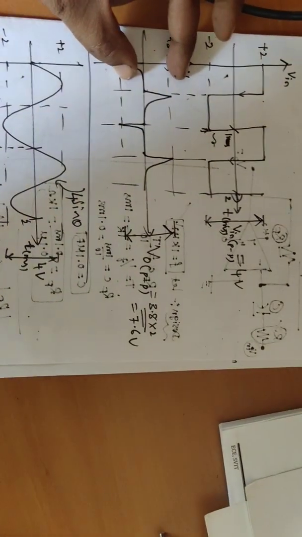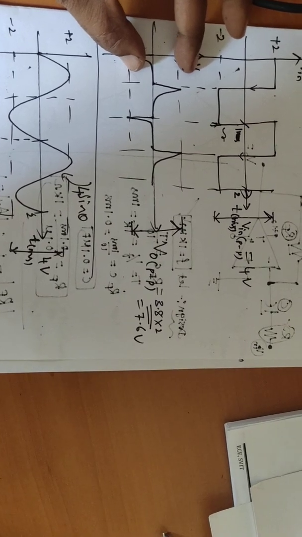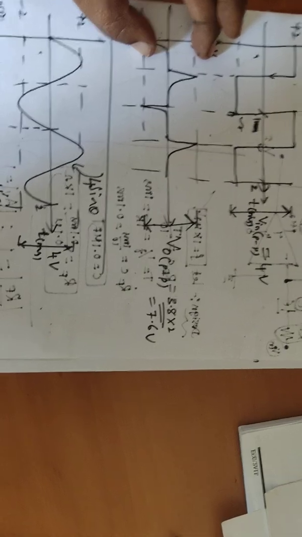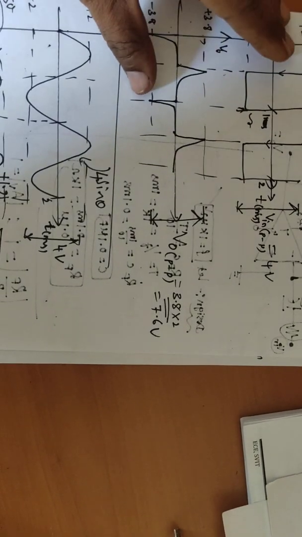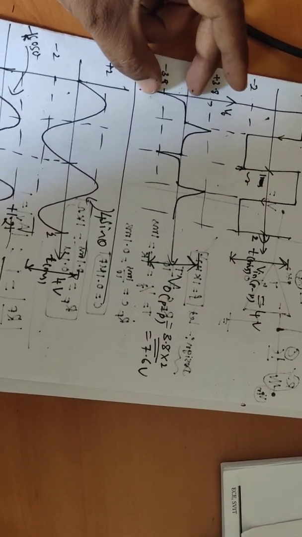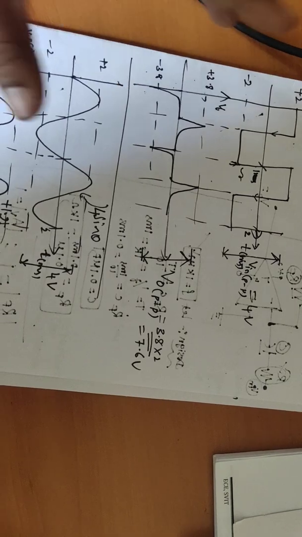These spikes we are going to use as one of the inputs in the astable multivibrator. The same RC circuit as a differentiator generates these sharp triggering pulses, which can be used for triggering the multivibrator.